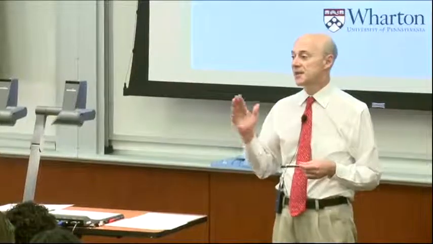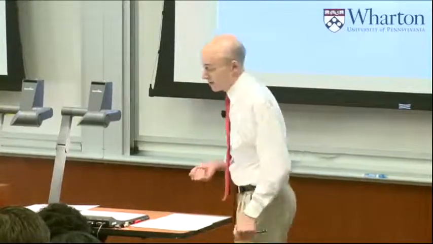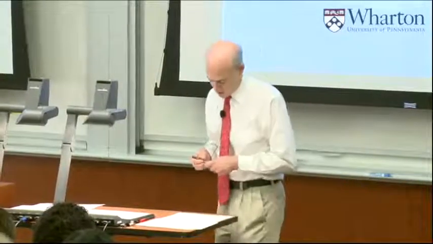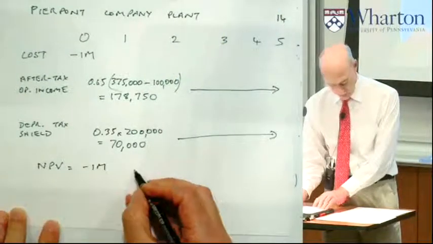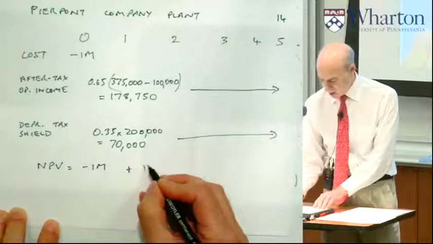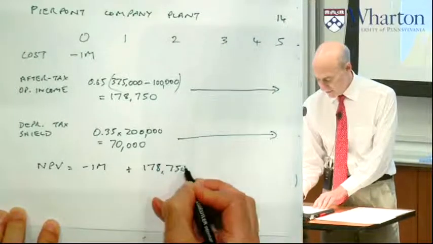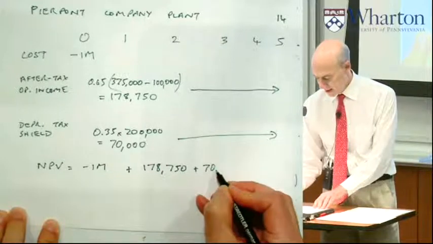Normally, what else would there be? What would be the other cash flow that we need to take into account at the end? Selling off the plant. Here we've got 0 salvage value, so we don't have to worry about it. So what we get is that the NPV is minus $1 million, and then we've got 178,750 plus 70,000.